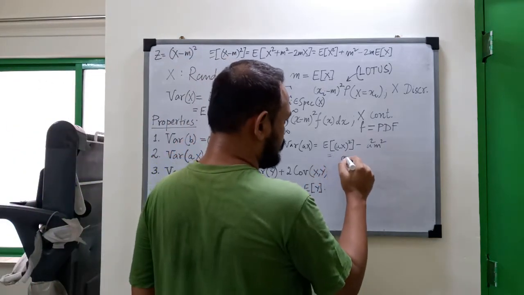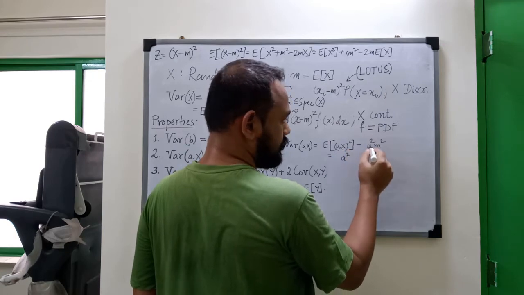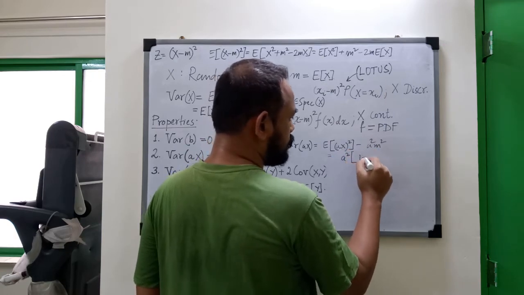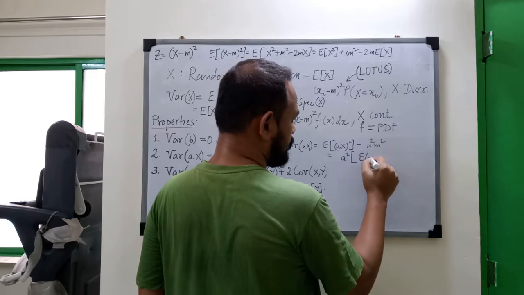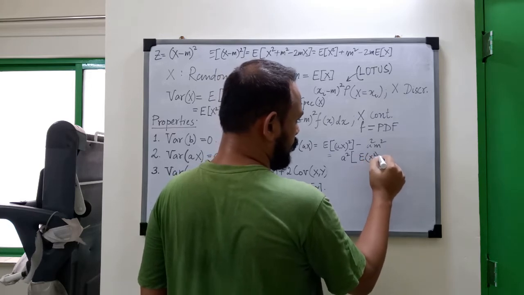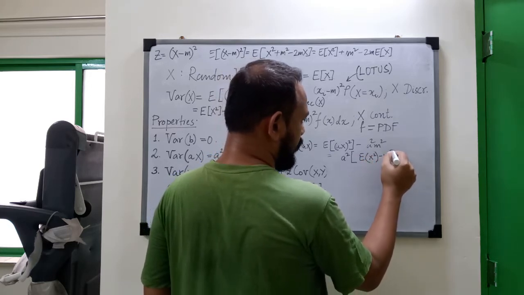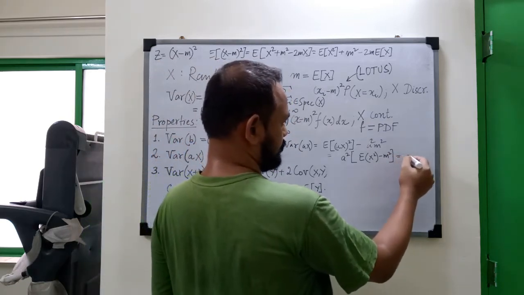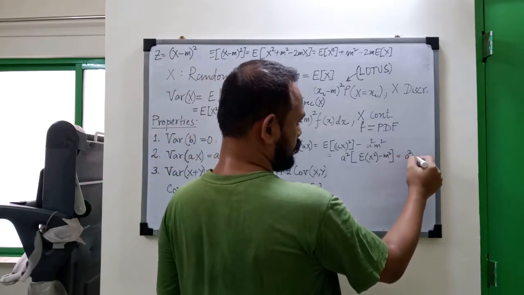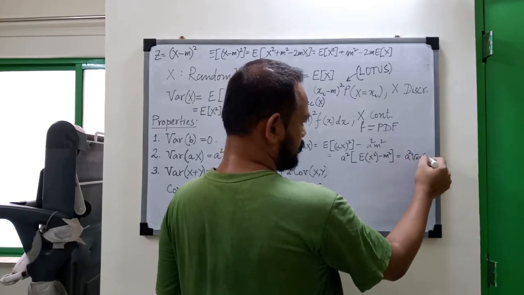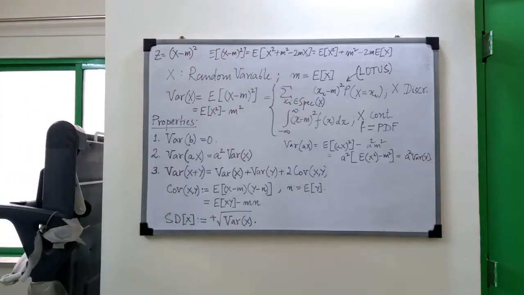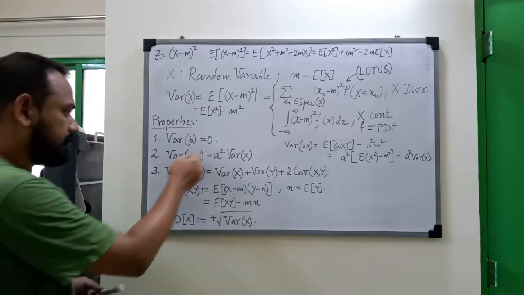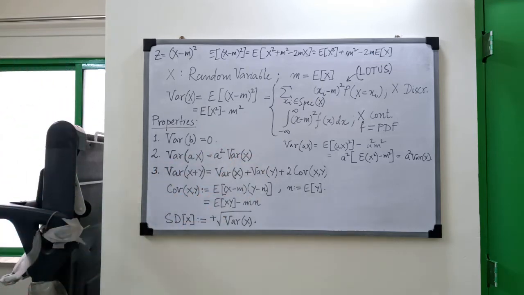You can take out the a square from here. You can take out the a square from here. So you're left with expectation of x square minus m square, right? And that's just variance of x. A square variance of x. So that's again very simple, just following the formula.